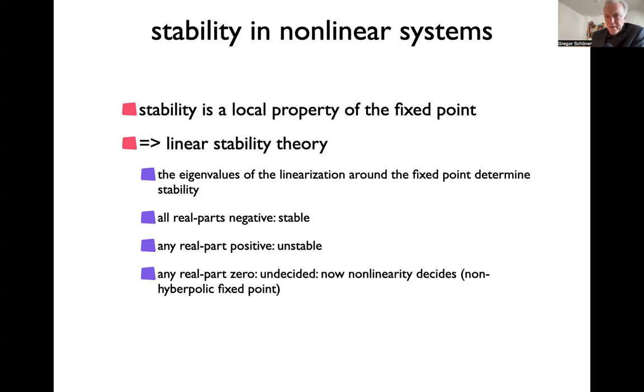So you just look at the right-hand side of the equation and make a Taylor expansion, and then the first term is the linearization, and from that compute the eigenvalues. If all the eigenvalues are negative, in one dimension that would be the negative slope, then you have asymptotic stability, and if there's any real part that's positive, you have an unstable fixed point. Only difference is when the real part is 0, then you don't actually know. Then it's actually the nonlinearity that decides whether the fixed point is stable or not.